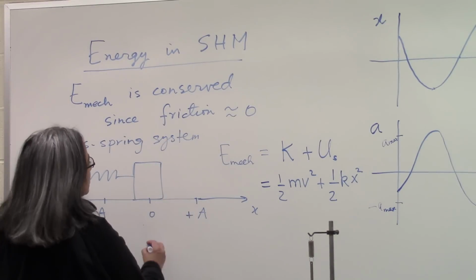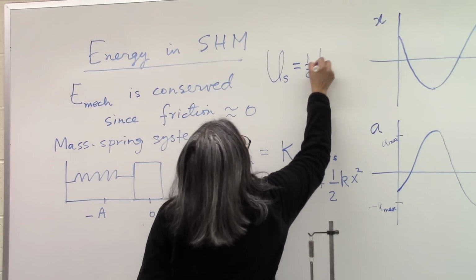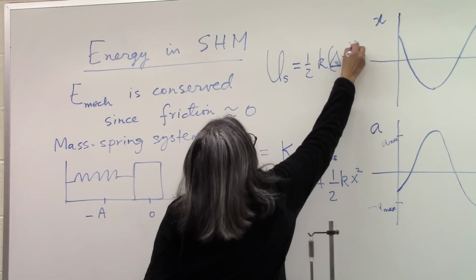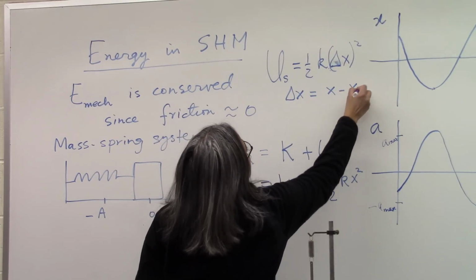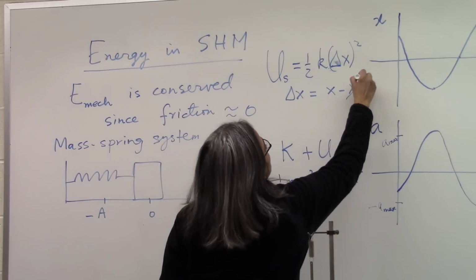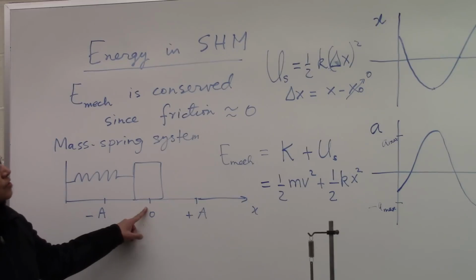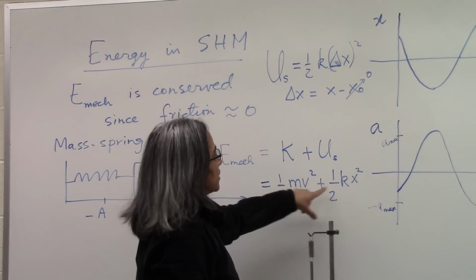So in other words, we should strictly speaking write U_s equals half k delta x squared, where delta x is the position minus the equilibrium point. But since we've set this equal to 0, we have chosen the equilibrium point to be at the origin. Essentially, delta x is the same as x.